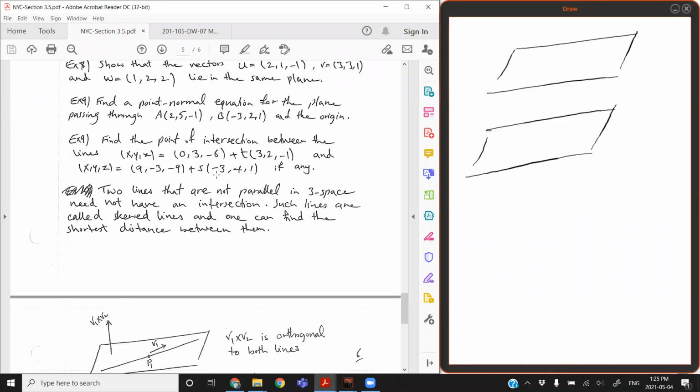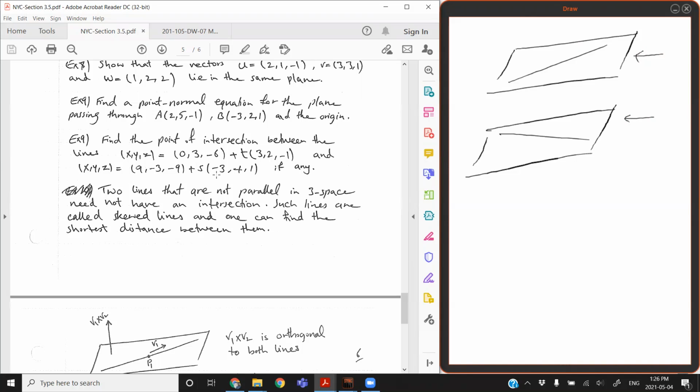Imagine these two planes are parallel, and we have a line that goes in this direction in the first plane, and you have a line that goes in this direction in the other plane. Even though these two lines are not parallel, they will never intersect, because one of them is in the first plane and the other one is in the second plane, and the two planes are parallel. So they will never intersect.